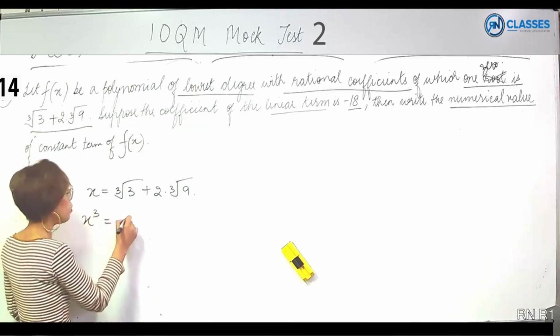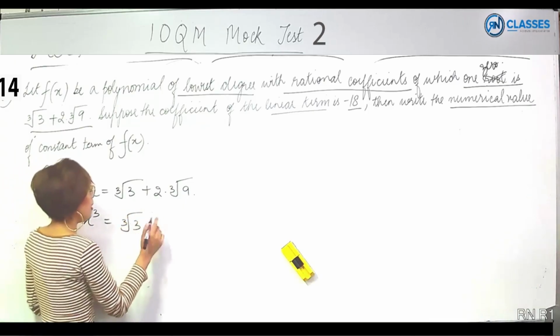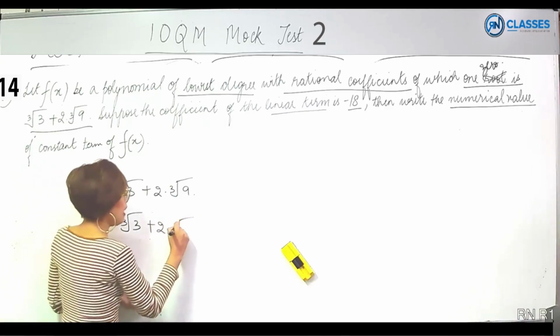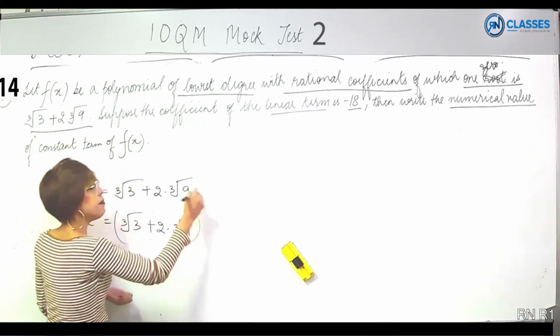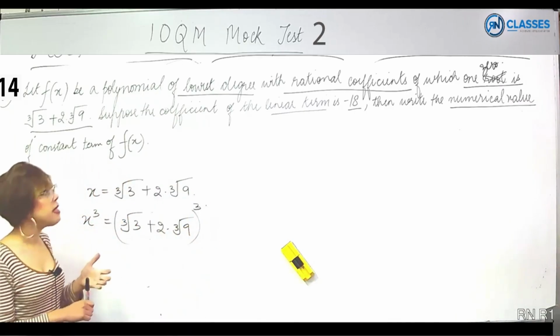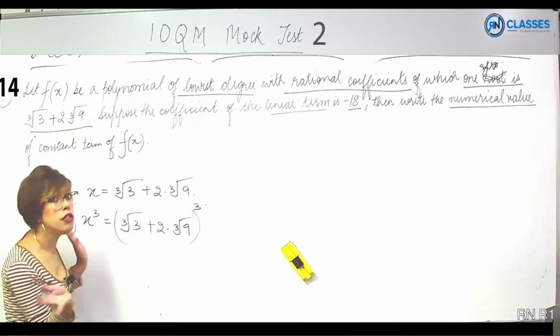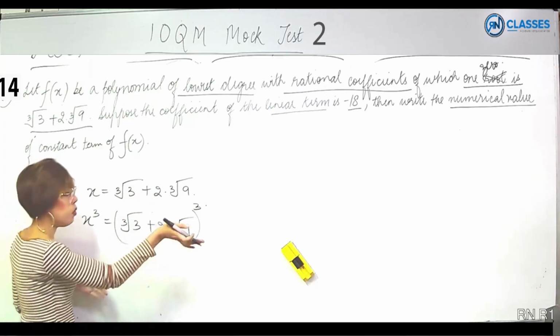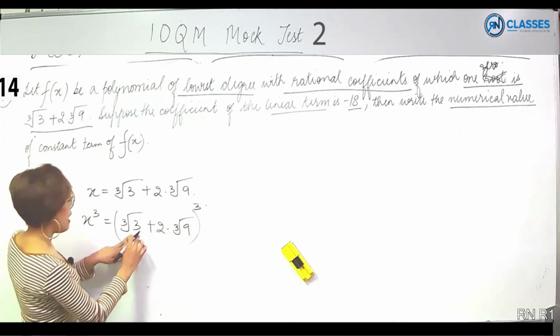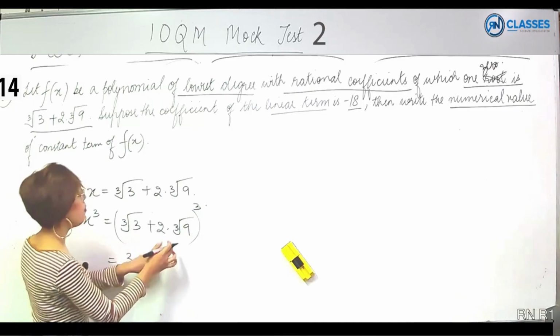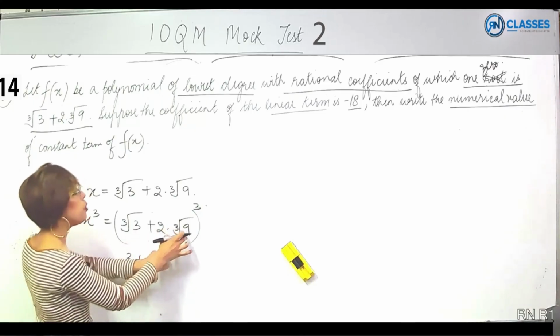x cube is equal to (cube root of 3 plus 2 into cube root of 9) whole cube. Right? Because clearly, if x is equal to this, x also satisfies this equation. So, (a plus b) whole cube, I can write it. That is a cube, which is 3, plus b cube, which is (2 into cube root of 9) whole cube.